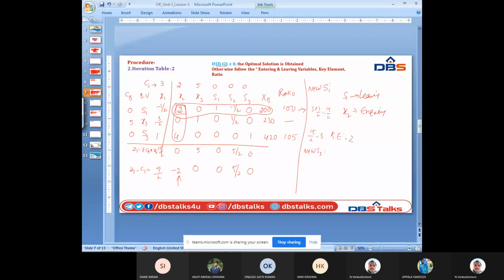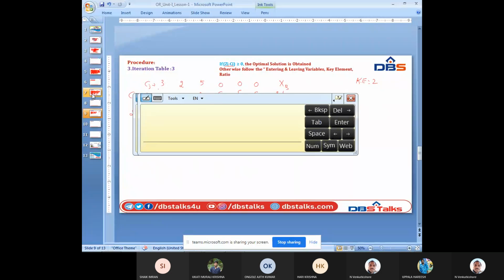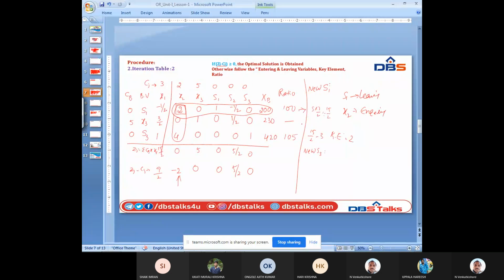So write the same thing in the next column also, x3 as 1. So 3 by 2, 0 1, 0 1 by 2, that is 0. After that, that is infinity. See, it is infinity. So x3 was 1.